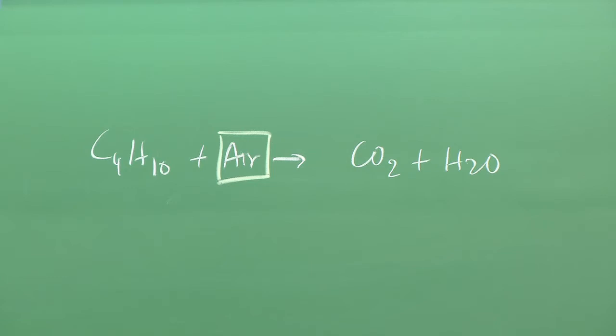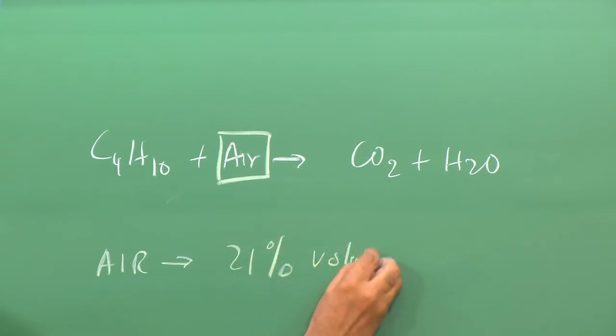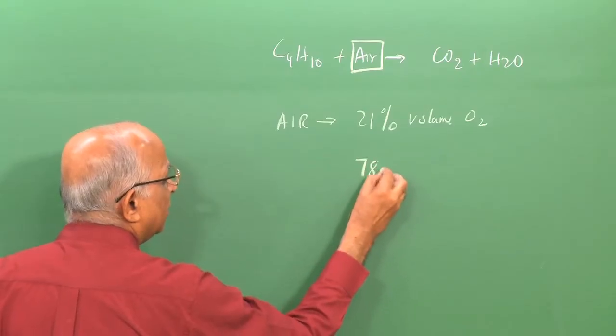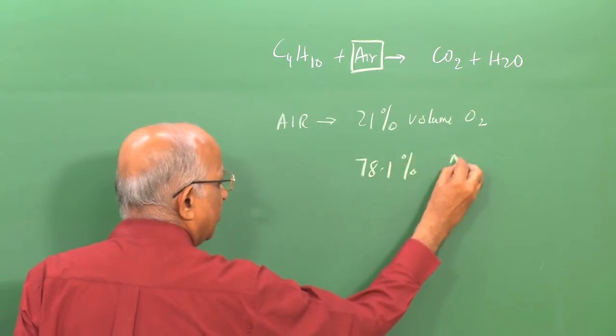When I look at air, we know air perfectly. Air consists of 21% by volume of oxygen. It also consists of something like 78.1% by volume of nitrogen.